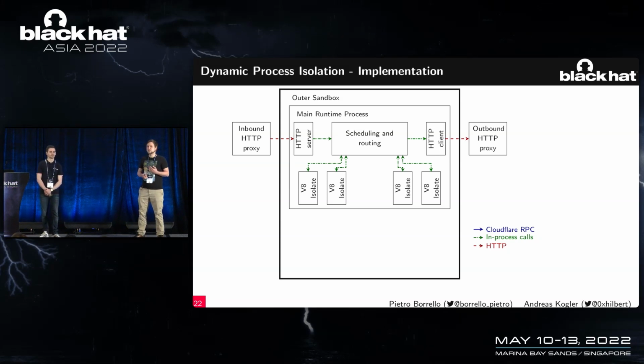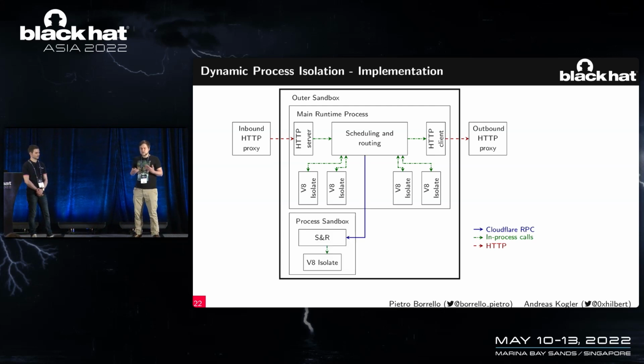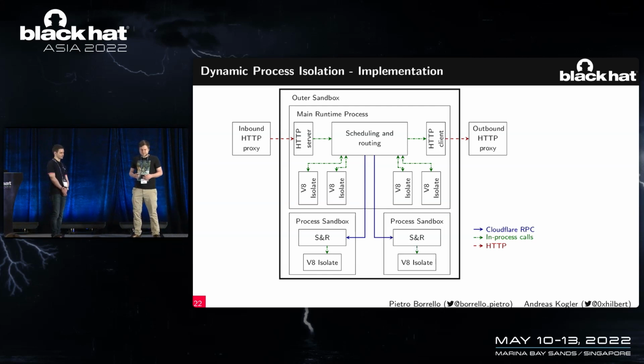After the HTTP packet is processed, we pass it forward to the outgoing proxy and pass it to whichever destination the packet should go. If we now detect a malicious worker, we can simply isolate it into its own process sandbox and communicate with an IPC connection, inter-process communication, and deploy these process isolations as they help against Spectre.